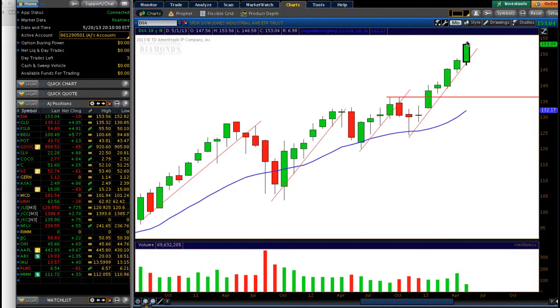If in the month of June we are not able to set a higher high, in other words, if in June the high only comes to, let's say, this level, that is a major, major signal. So we have to make sure that if this trend is expected to continue, we set a new high next month.